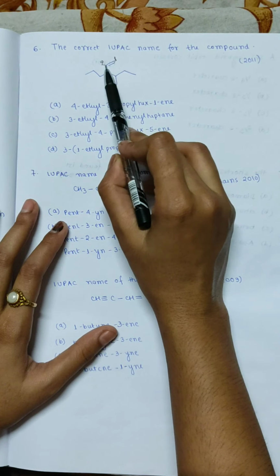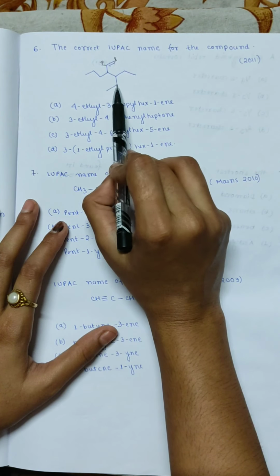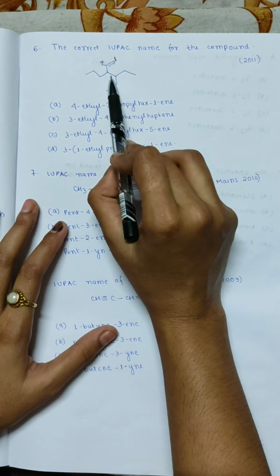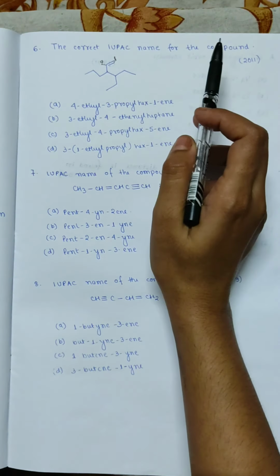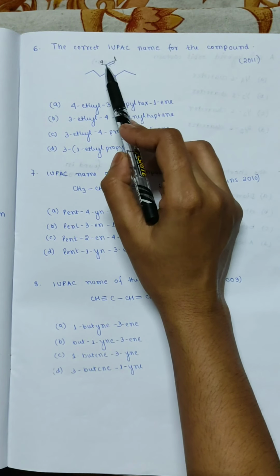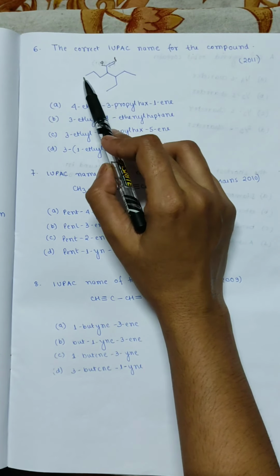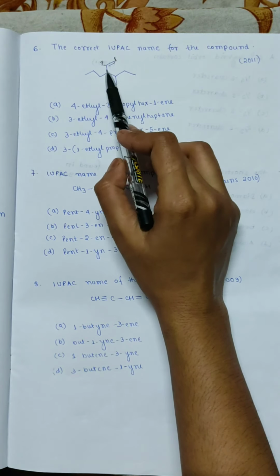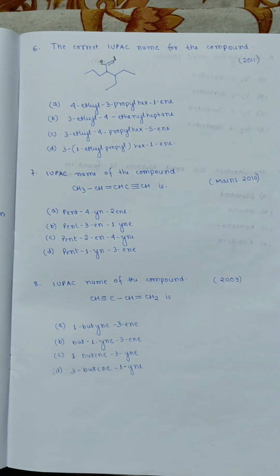Again 1, 2, then 3, 4, 5, 6, this parent chain also contains 6 carbon. I have another option, 1, 2, 3, 4, 5, 6, and again this parent chain will have 6 carbon atoms.